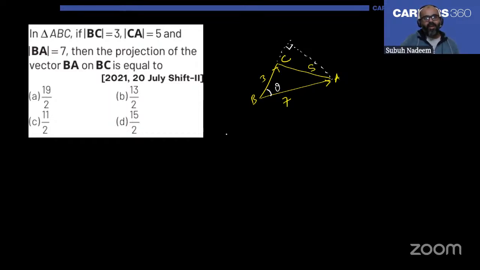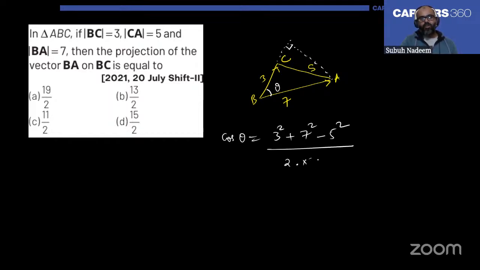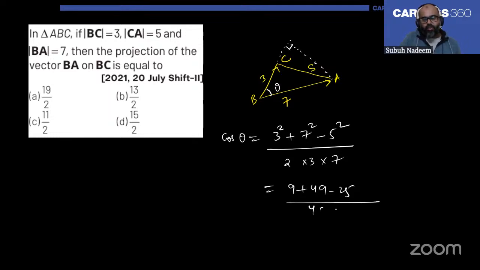So you need to find the angle between BC and BA. Let that be theta. So we know that cos theta is equal to 3 square plus 7 square minus 5 square by 2 times 3 into 7. So this is what we can say here. And then we have this value, 9 plus 49 minus 25 by 42.